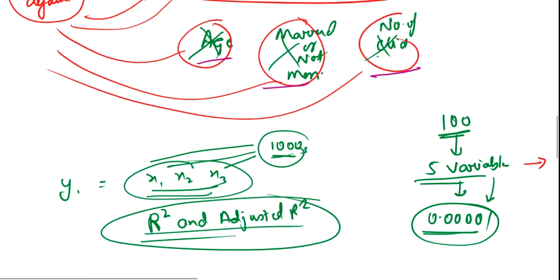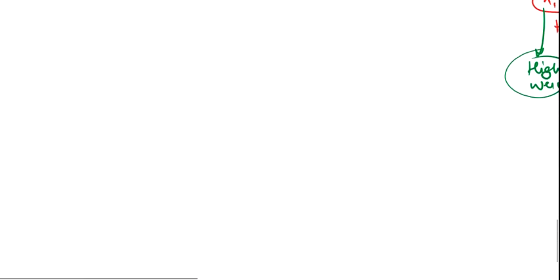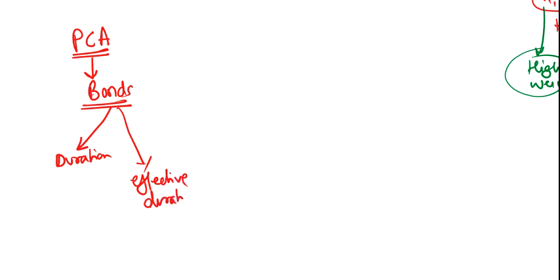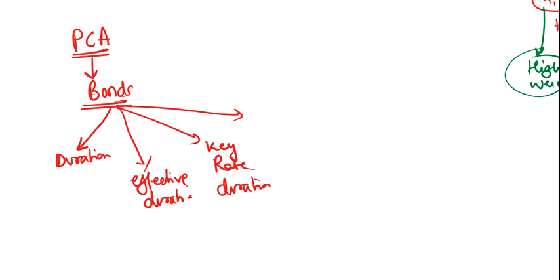Okay, now if you remember the main nature of the principal component analysis we have already studied, but let me give you a small example from the case of bonds. One method to identify the risk of the bonds is with the help of modified duration, then effective duration, but they all consider parallel shifts, so we enter into the key rate duration, but then there can be many rates which can be key, so it's not beneficial to do key rate duration.